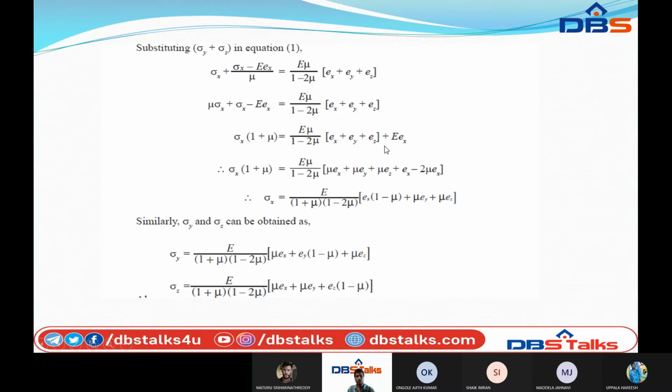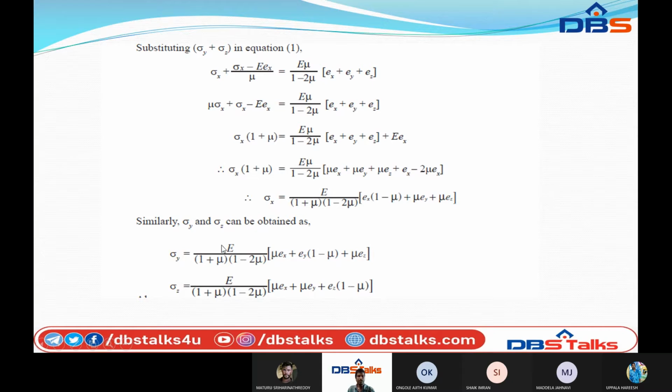That means in that position also we are multiplying with the mu term. After that, sigma x will be E by 1 plus mu, 1 minus 2 mu. Taking Ex as common, the remaining terms will be 1 minus mu plus mu Ey and plus mu Ez.